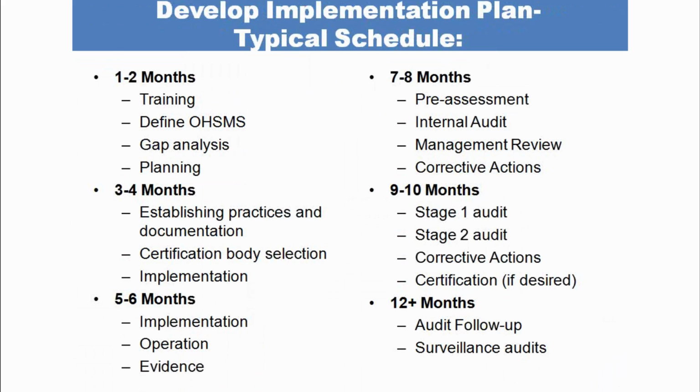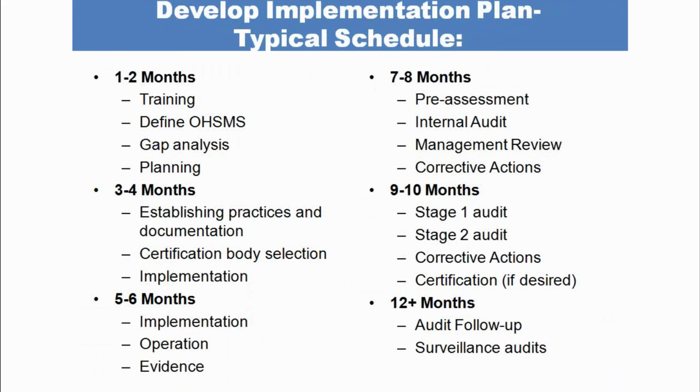These are the things that your auditor will look for when they come for audits. So in 7 to 8 months, it should be good for pre-assessment, internal audits, management review, and corrective action. Now, if you notice in the first 2 months, there should have been training. In the process of training, some members of staff could be trained as internal auditors.